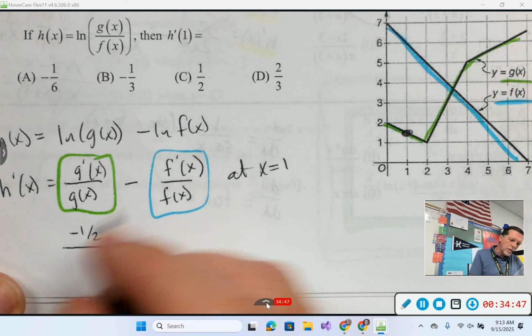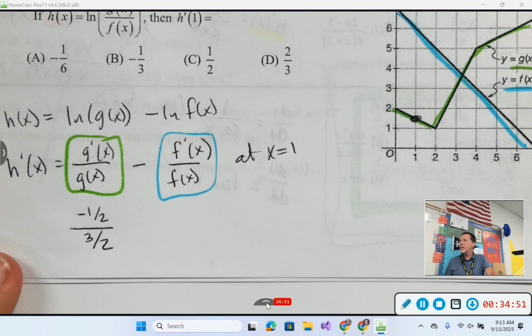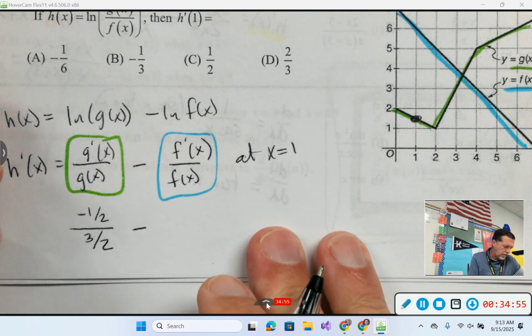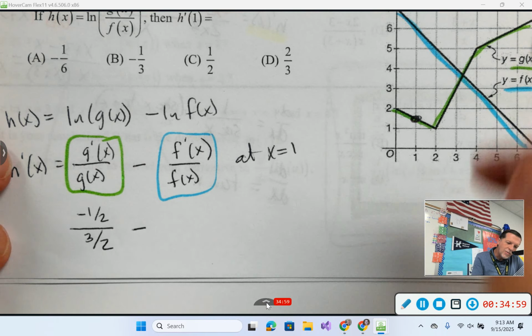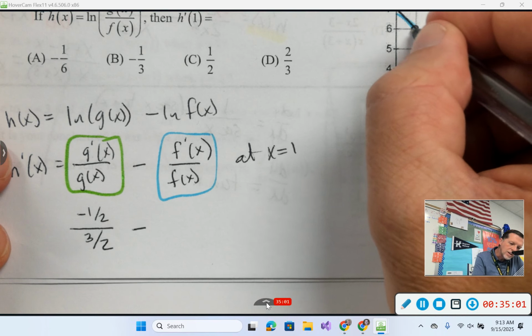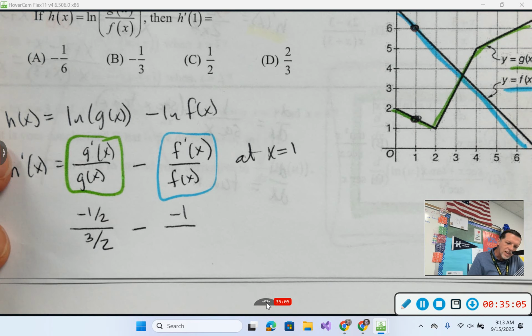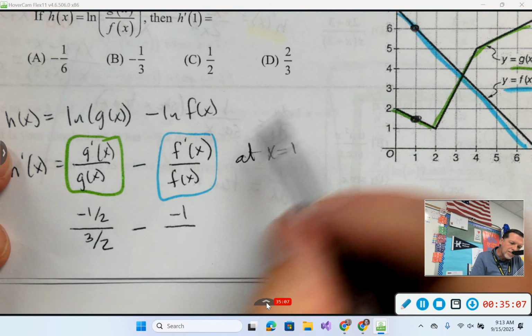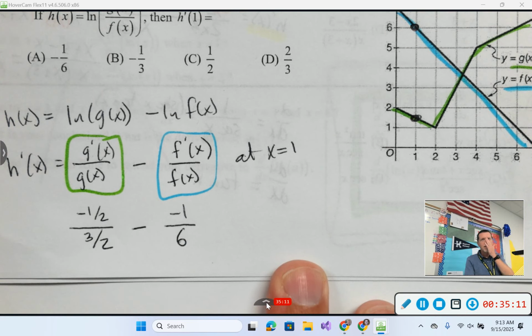That would be 1.5. I'm going to rewrite that as 3/2 so I can do a keep it, change it, flip it here in a minute. Minus f prime at 1. Oh, that's negative 1. And then f of x at 1, the y value at 1, is 6.